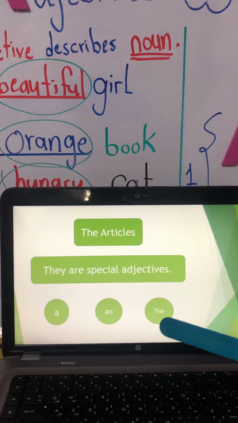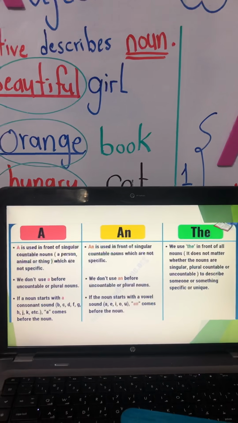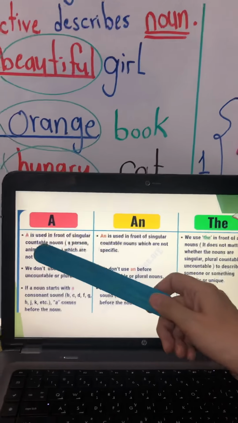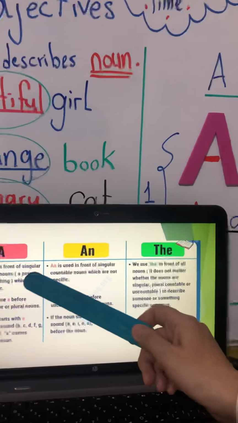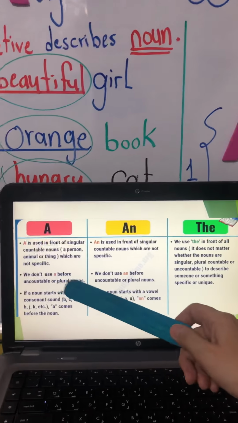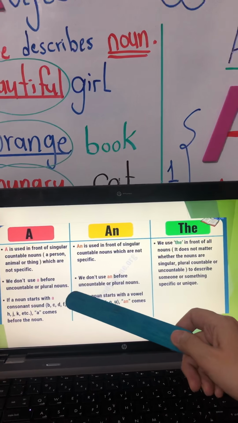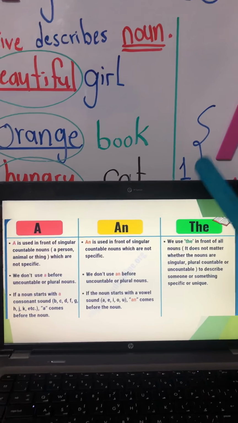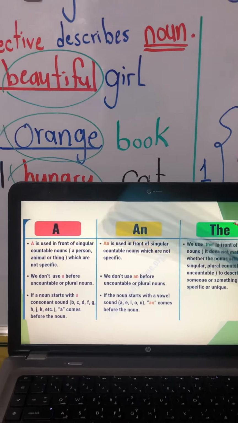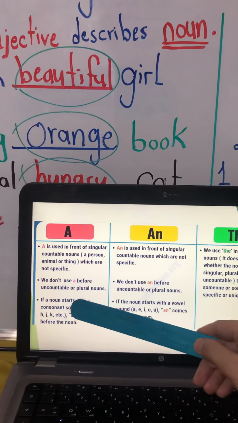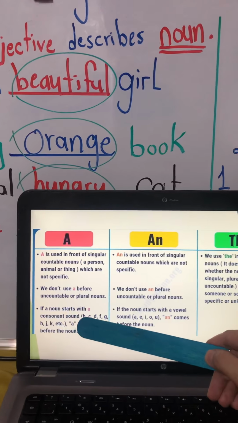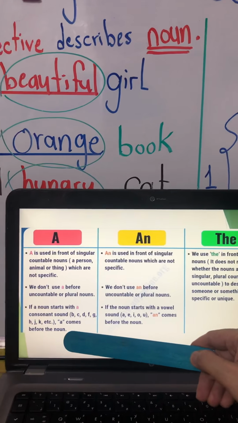The articles, as we mentioned before, are special adjectives: a, an, and the. A is used in front of a singular countable noun. We don't use a before uncountable or plural nouns. We only use it as a singular. One apple, one book, a book. If a noun starts with a consonant sound, a comes before the noun.